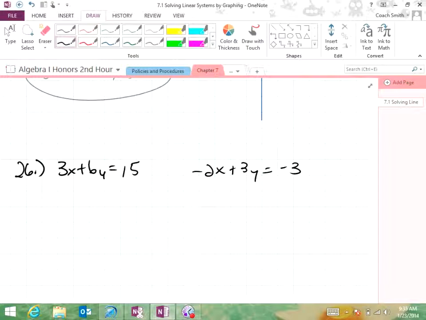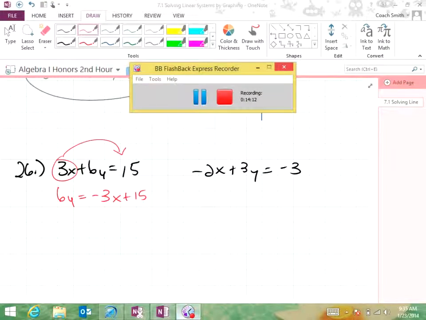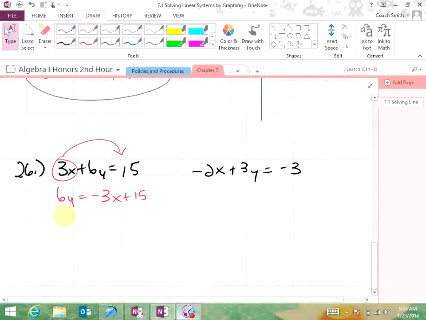So, all right, this one here, I'm going to put in slope-intercept form. Step 1 is I got to move the 3x over there. So it gives me 6y is equal to negative 3x plus 15. Next step is to divide by 6 to everything in our problem.